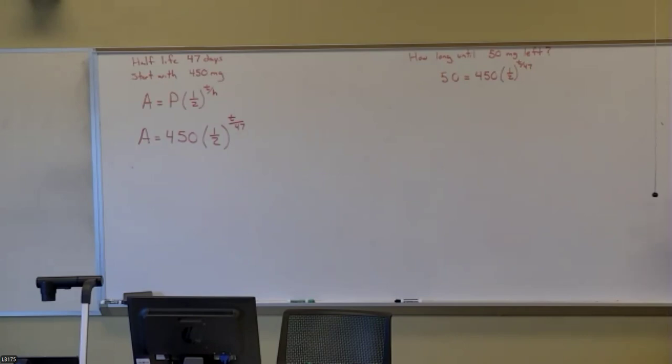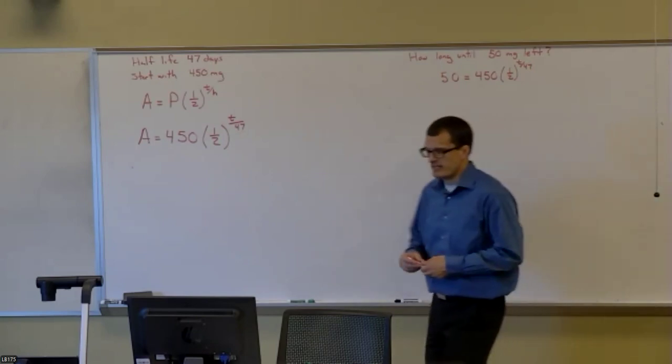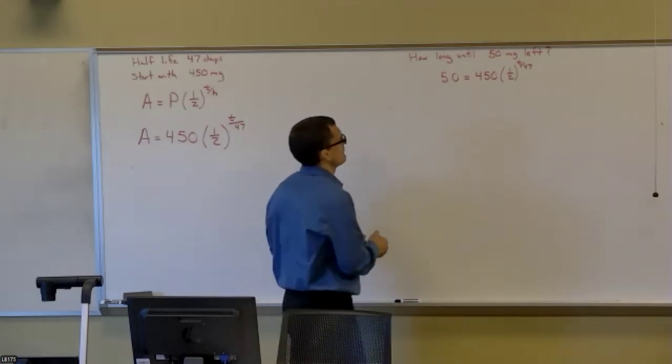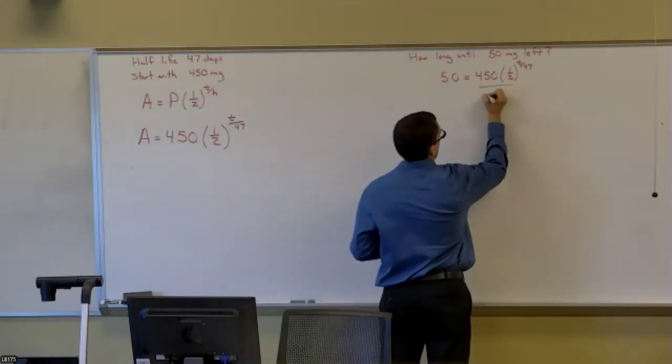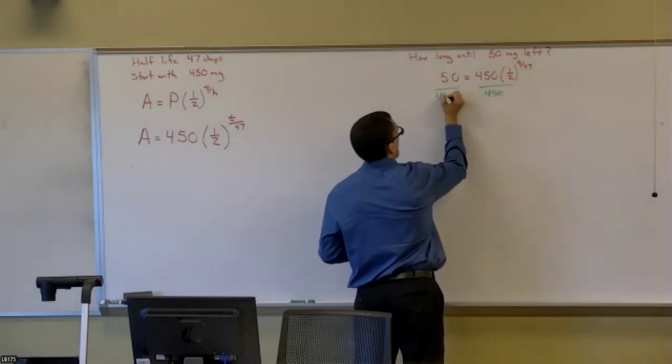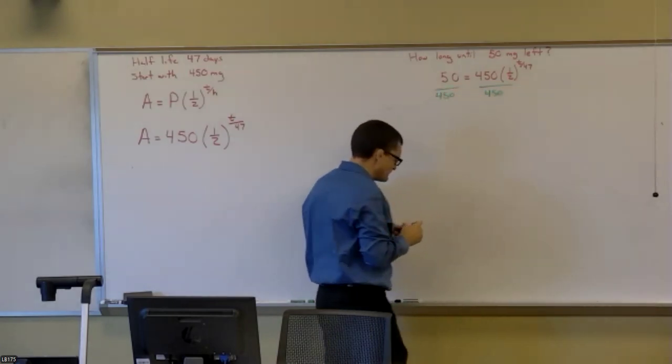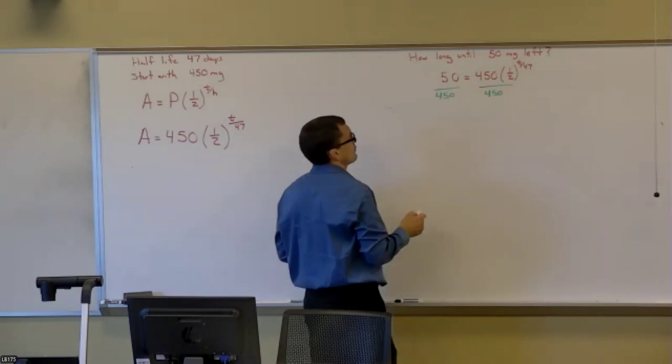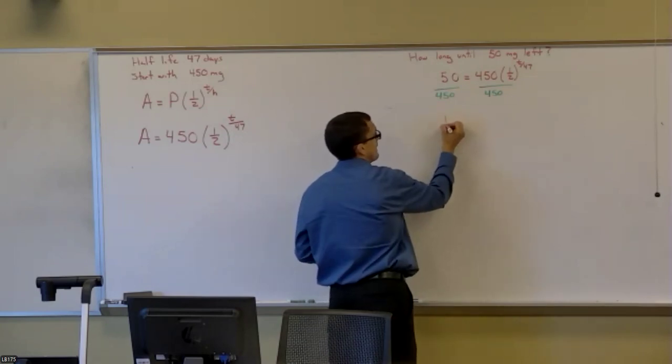And now this is just solving an exponential equation, just like we've done for the last hour and a half. Make sense? So solve this exponential equation, divide both sides by 450. By the way, 50 over 450 is 1/9.